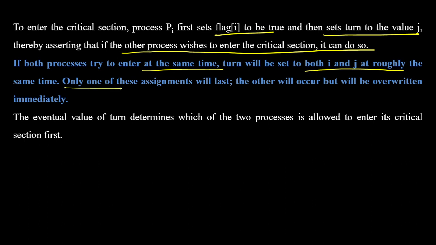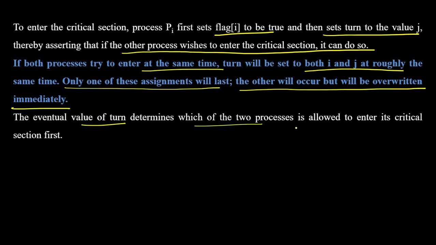Only one of these assignments will last, the other will occur but will be overwritten immediately. The eventual value of turn determines which of the two processes is allowed to enter its critical section first. So the last value will determine which process will enter the critical section. I hope this is clear to everyone.